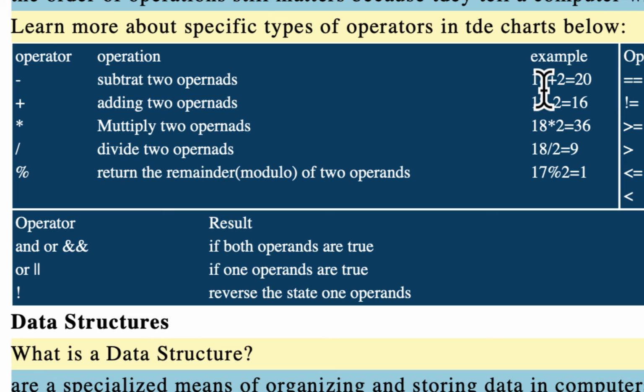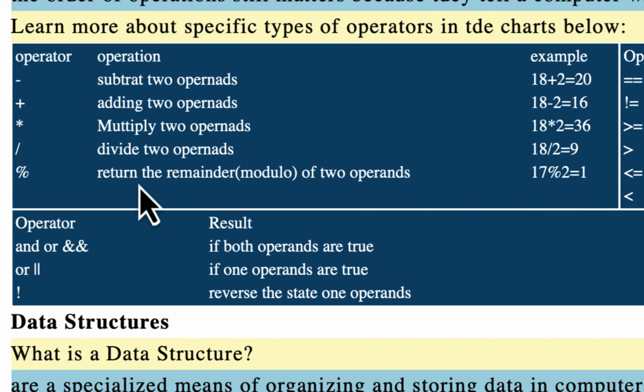We have 18 as an operand, plus is the operation, and the result is going to be 20. Then we have subtract 2. Multiplication, we have two operands multiplied. We have division, 18 divided by 2 is 9.